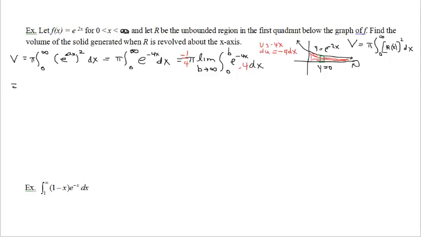So wrapping around down here, I have negative 1/4 pi, or maybe negative pi over 4 in the next step, times the limit as b goes to infinity of the integral of e to the u du, with limits 0 to b.